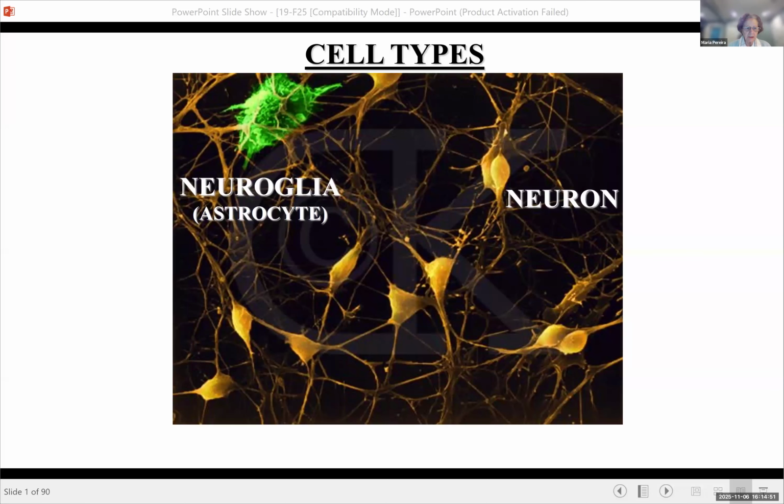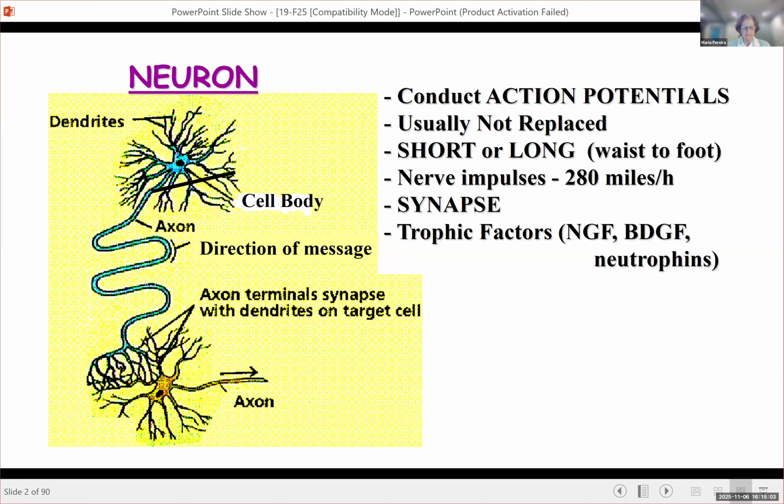Okay, so let's go to the neurons. Here you see a neuron. And you can see right away that it's a very, very complex cell. And no wonder that it lost its mitotic abilities.